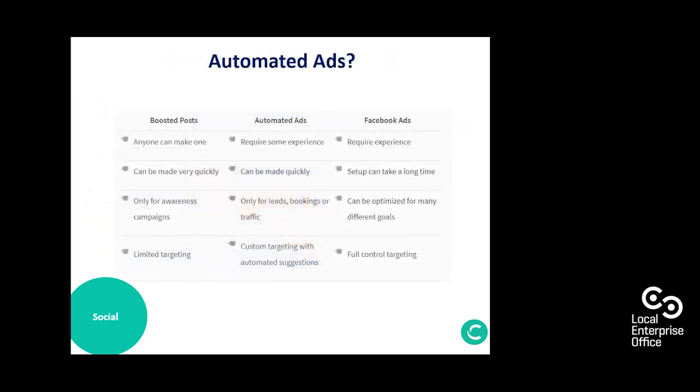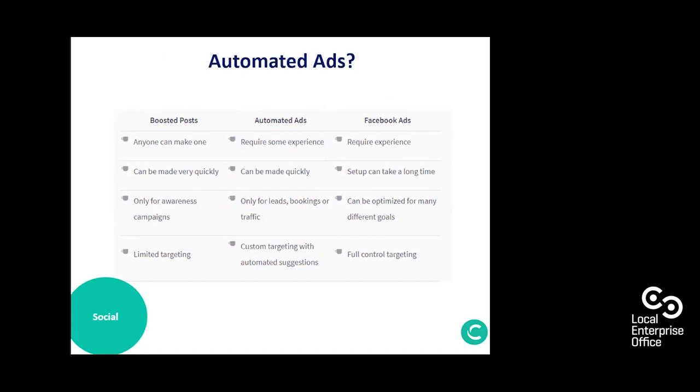So Facebook has an option called automated ads. Again, this does some of the heavy lifting for you, but it has some limitations. I would say Facebook automated ads are a better option than boosted posts for sure, but they certainly won't give you the same flexibility or the same options that the Facebook Ads Manager platform will give you.